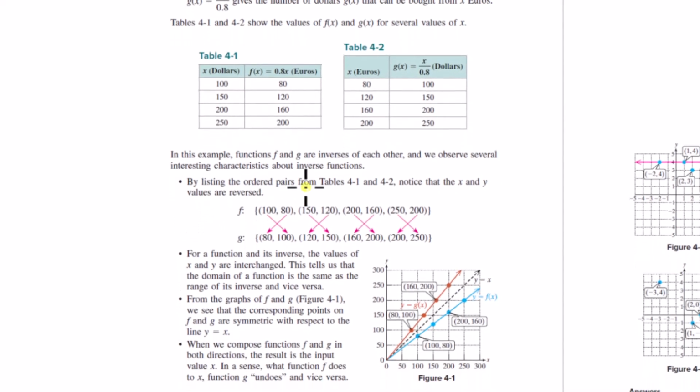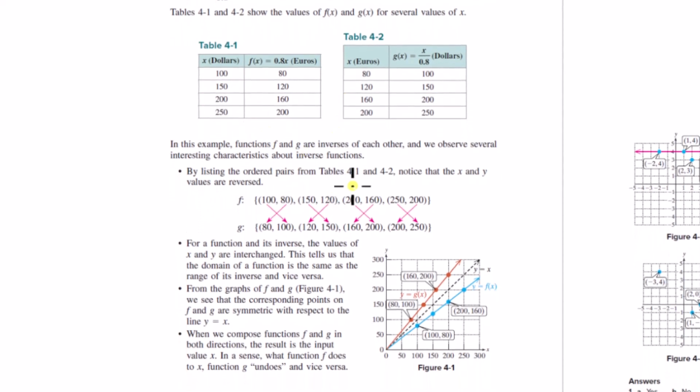By listing the ordered pairs that they wrote out in the two tables, because this was $100, $150, $200, $250 converted to euros, and then those same euros converted to dollars. If you put those ordered pairs here for f and g, notice that the x and y values are reversed, right? When you go from one function to the other, they're just flipping the columns.